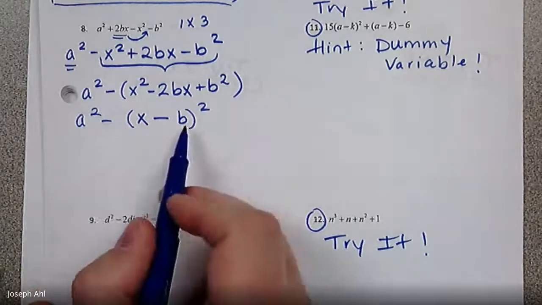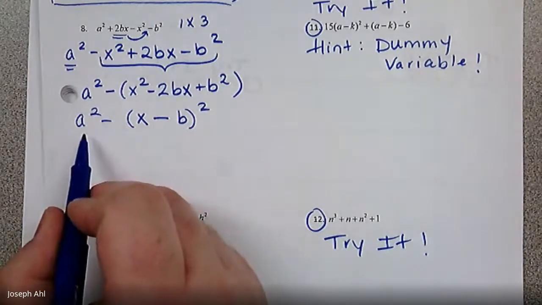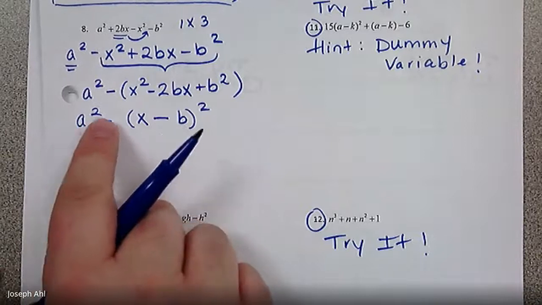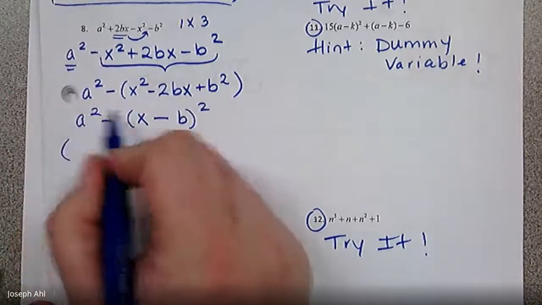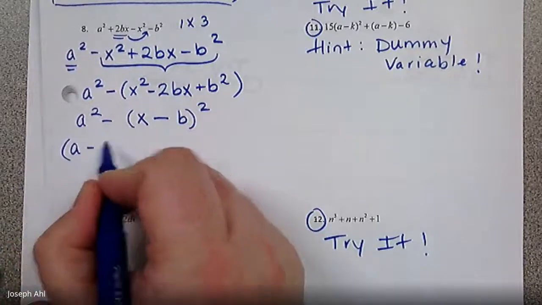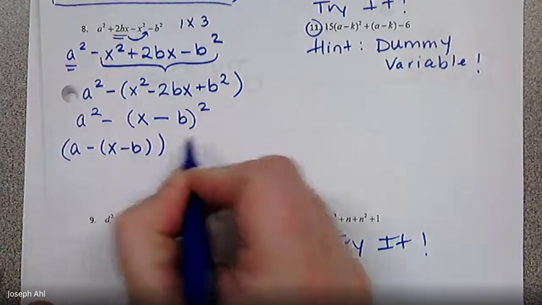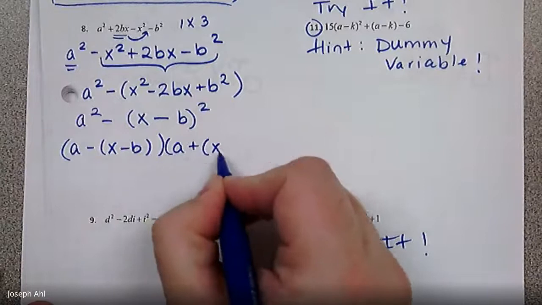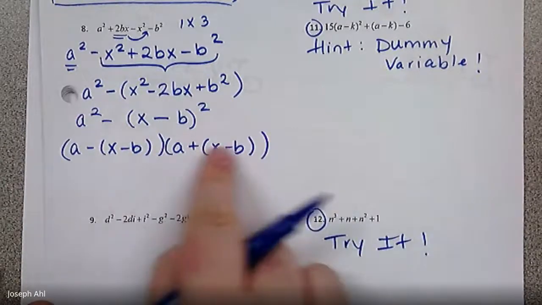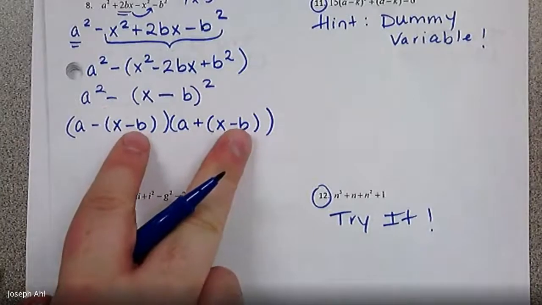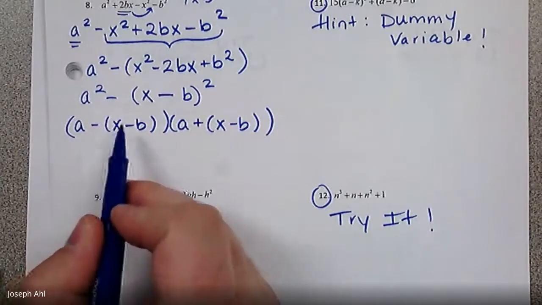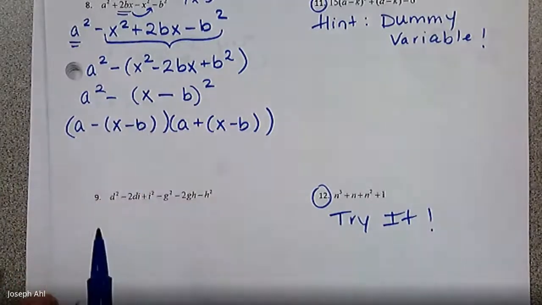And now that I have it written this way, you can factor with difference of perfect squares. It's a perfect square minus another perfect square. So thinking about taking the square root of both of those, you would get a minus the quantity x minus b, and then a plus that quantity x minus b. It's important to have the parentheses here in that second location because this negative belongs to the binomial x minus b.